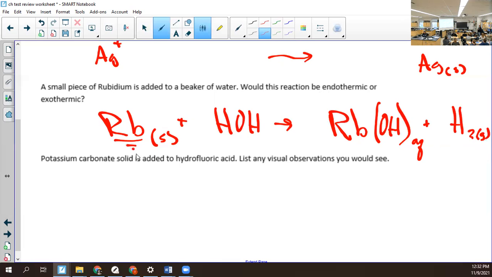I can't own this, but alkalis in water explode. Like lithium's weak, sodium's pretty interesting. Potassium's really cool. And you will see them. I haven't shown them yet, but we do it in chapter 7. Will we actually put it in water? I will.